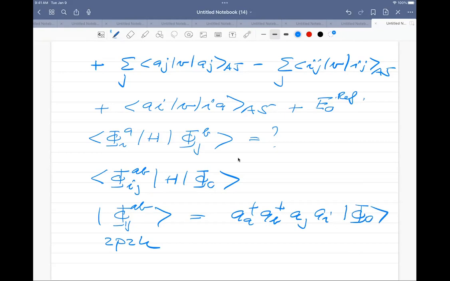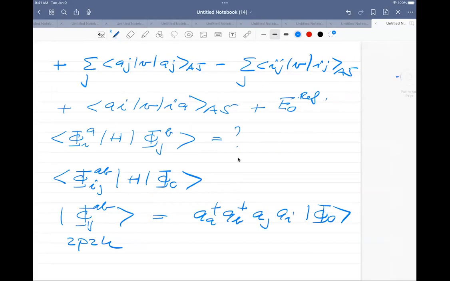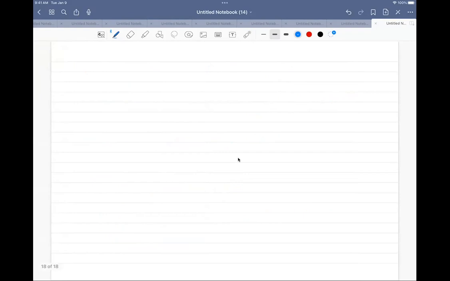Now, when you look at the one-body operator, this is going to be something we can easily see what the contribution should be. So let's calculate this one. So this is the transition from the ground state, or the ansatz for the ground state, to a two-particle, two-hole state. So let's take a closer look at the different terms.